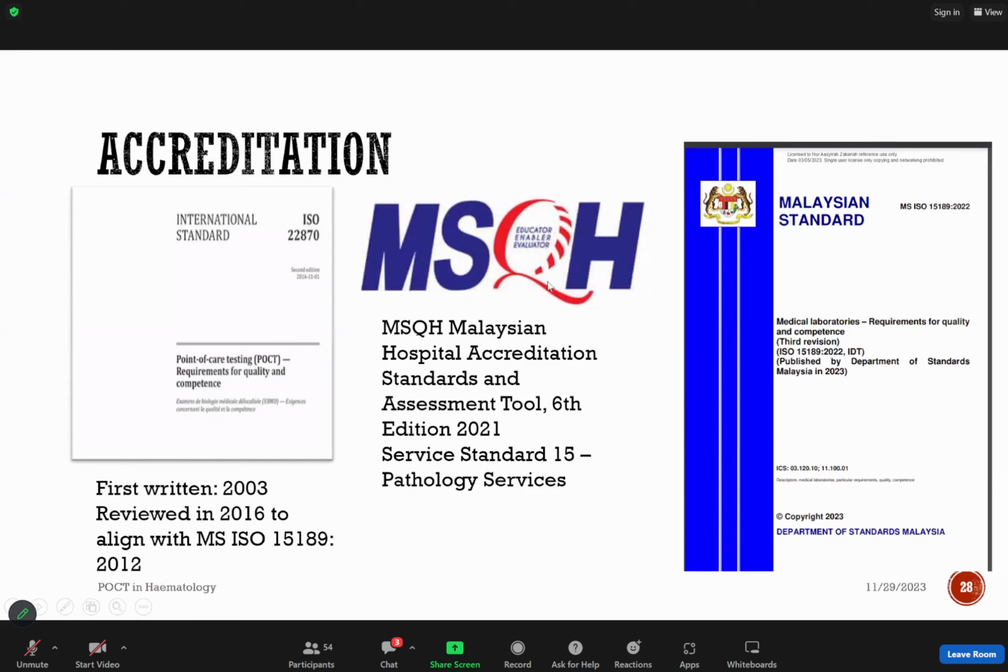We have MSQH for accreditation, the MSQH hospital accreditation standard and assessment tools, 6th edition 2021. We also have this Malaysian standard recently published in December 2022, which we adopt as MS ISO 15189 2022.